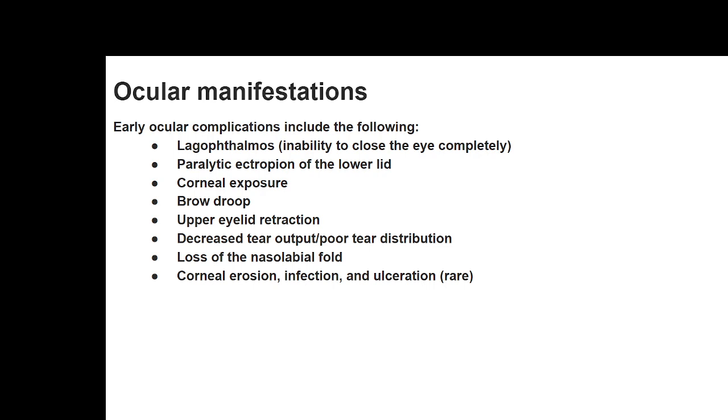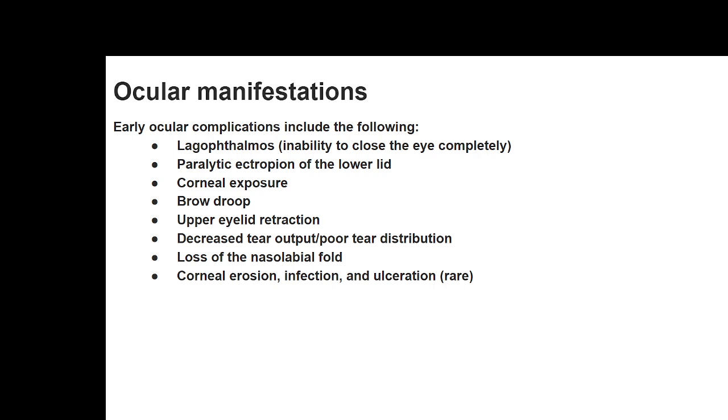But the problem would be with the eyes. Damage to the eyes tends to occur due to incomplete closure of the eyelids, and hence the patient may have complications, so this is important. The typical ocular manifestations could be lagophthalmos, meaning inability to close the eyes completely, or paretic ectropion of the lower lid.